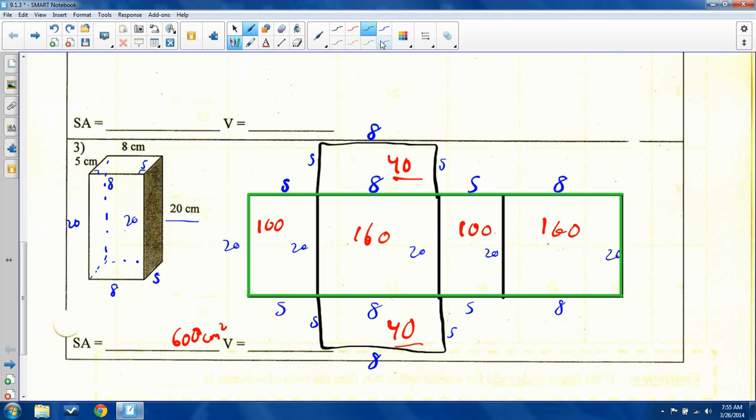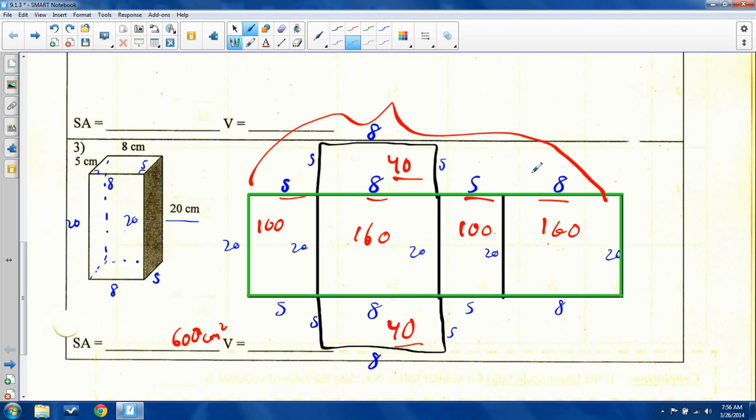When I divide it into parts, I still have a large rectangle here, so maybe I don't need to find the area of each individual rectangle, because the area of all four rectangles added together is the exact same as the area of this big green rectangle right here. So what if I just took this 5, added it to the 8, added to the 5, and added to the 8, just took the entire length, whatever that is.